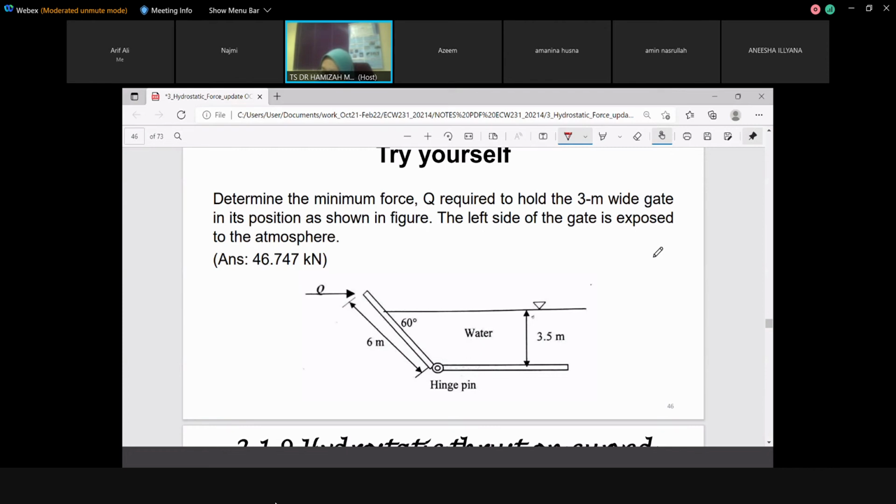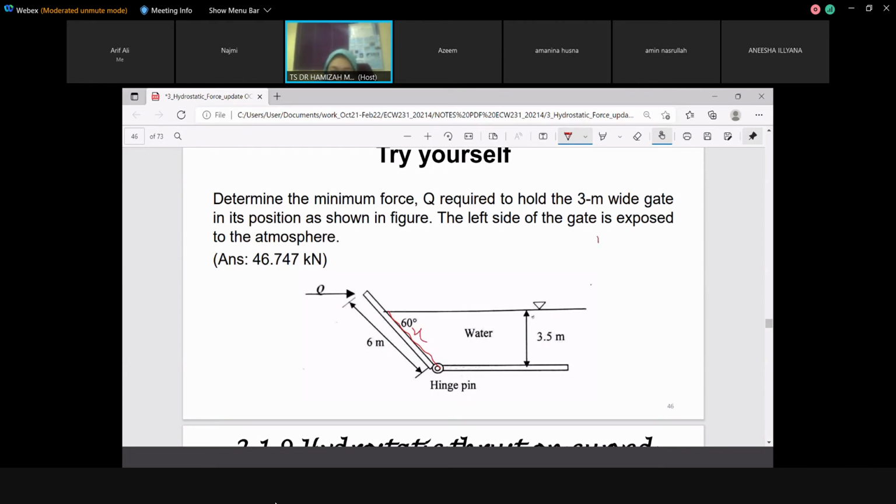So, first thing, you need to know the length of the gate yang immersed in water. Okay, sebab 6 meter ni total length of the gate. So, kita nak cari nilai gate yang tenggelam sahaja.